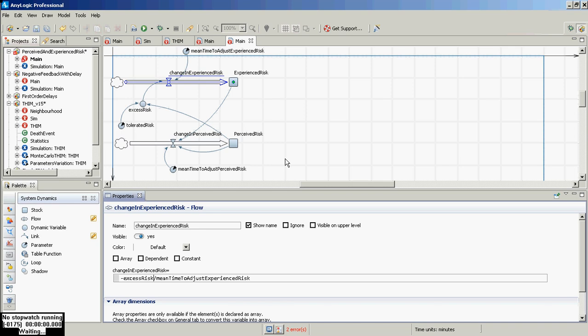Fundamentally, we could draw it out, but the main thing I want to draw attention to is there's a negative loop with a delay associated with it. If our experienced risk is out of whack, and it's way above our tolerable risk, what's going to happen in this system?